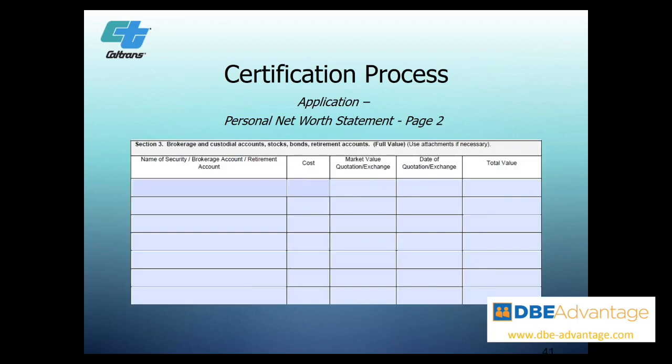We'll go to section 3, where you'll see additional information required describing the security, the broker account, or the retirement account. Let's say it's a 401k or a pension account: the amount, the market value, the date of the quotation exchange, and then the total value of that account.